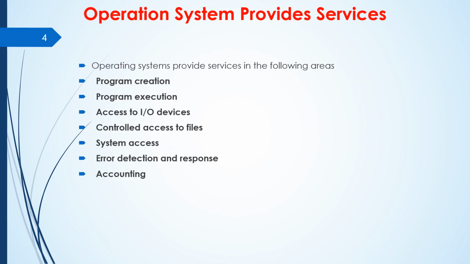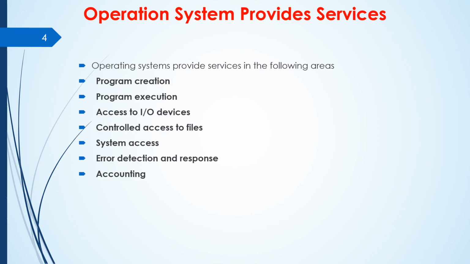Operating systems provide services in several main areas. They help us create programs by giving them the resources they need and getting them ready to run. They manage running programs by loading them into memory and sharing CPU time. They let programs safely use input and output devices.